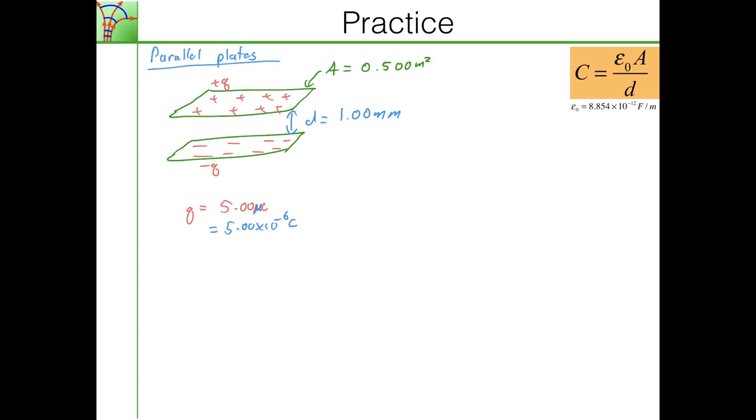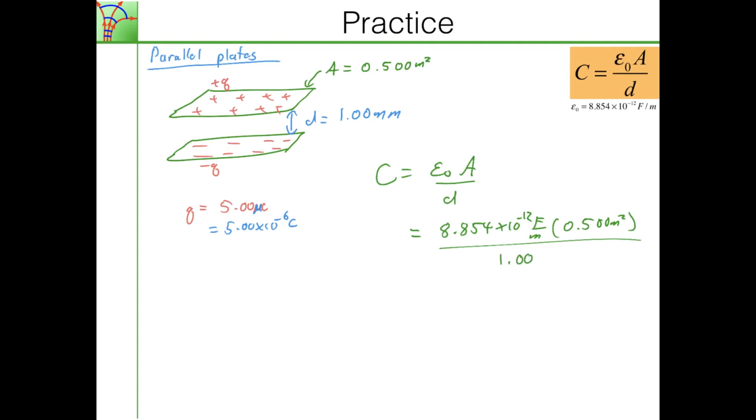Now, we can easily calculate this capacitance. The capacitance is epsilon naught times the area over D. So if I plug in for epsilon naught, it's 8.854 times 10 to the minus 12 farad per meter, which is one way you can do the units, times the area, 0.500 meters squared, divided by 1.00 times 10 to the minus 3 meters.